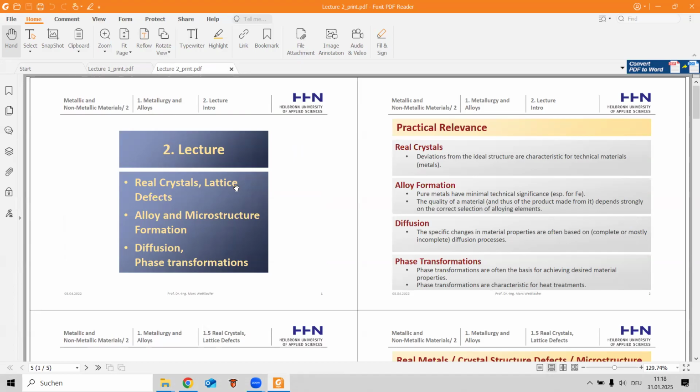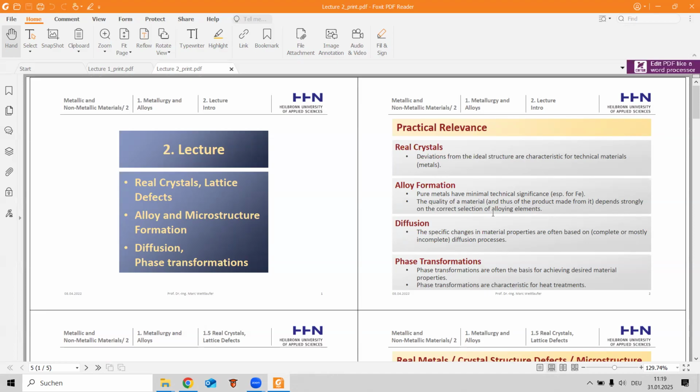So, the second lesson: real structure, real crystals, lattice defects, alloys and structure formation, diffusion and phase transformation. According to practical relevance, we have real crystals. Deviations from the ideal structure are characteristic for technical materials, metals. Alloy formation: raw materials have minimal technical significance, for instance ferrum.